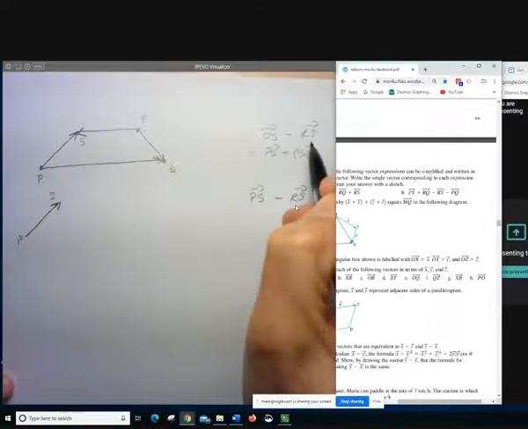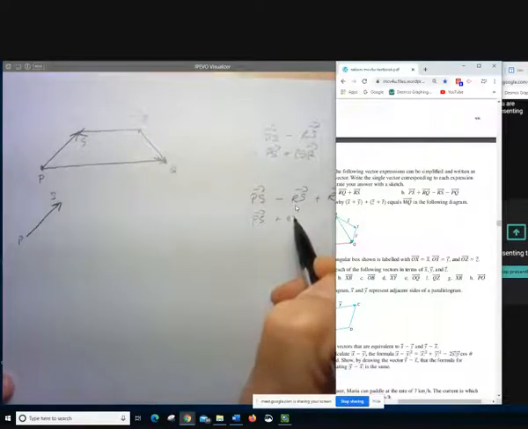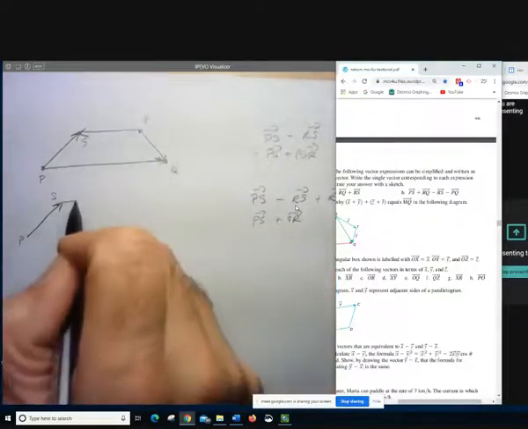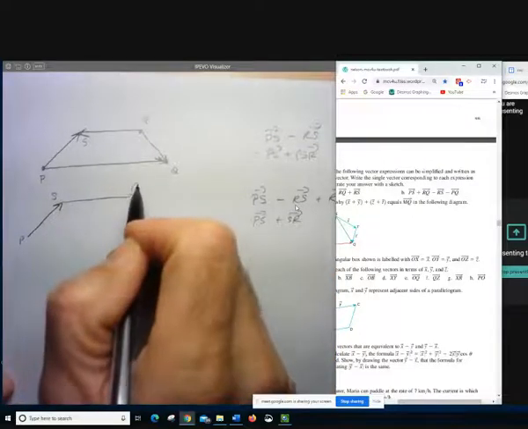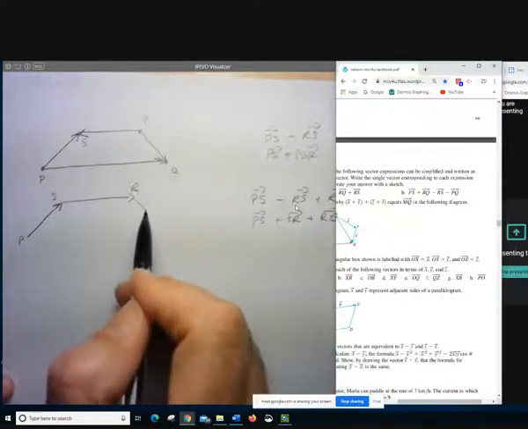It's just SR. So now this becomes PS plus SR. And that's perfect because now I have them tip to tail. So there we go, adding them there. And look what I now have here. I have SR and I'm adding to that RQ already, tip to tail.